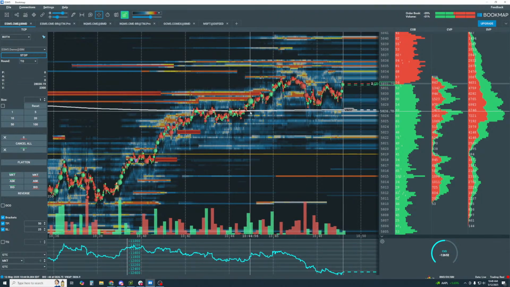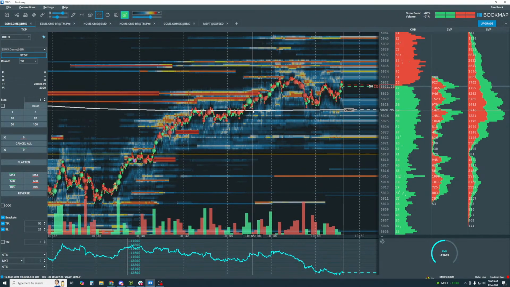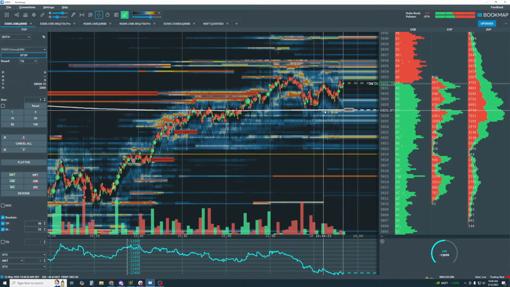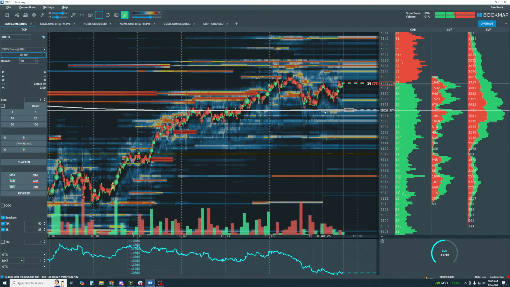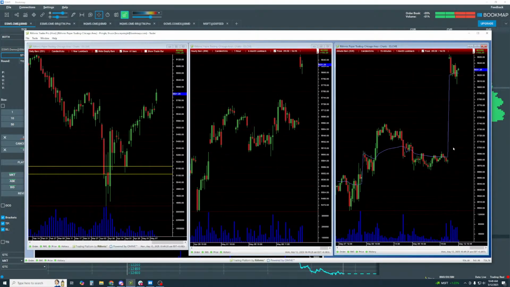And now we're back up above at least the VWAP here for Bookmap, based off of the regular trading hours. On the one I have on my Rithmic R Trader Pro, we're also above VWAP.